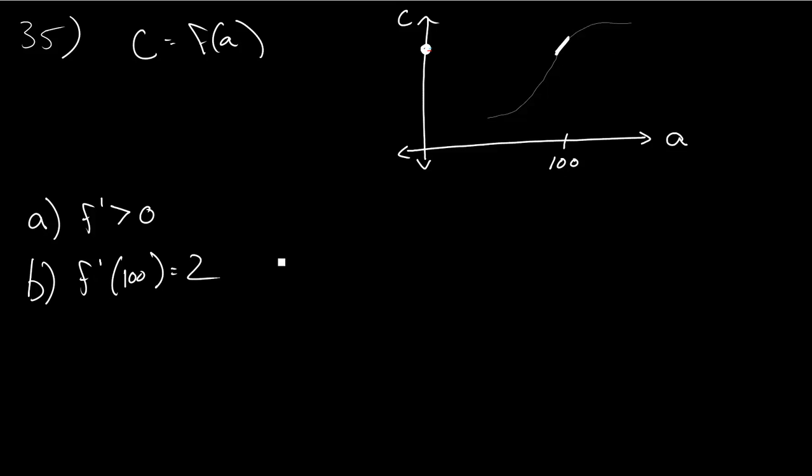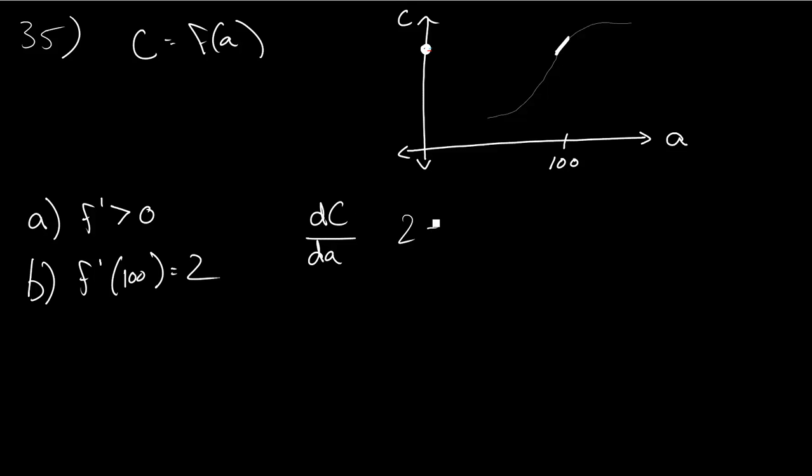So what does this 100 mean? Well, that's 100 advertising dollars, right? And this 2 is talking about the slope. So what are the units of the slope? I'm going to write down the Leibniz notation, just to help me remember that. So this is 2, and it's dollars of revenue on top.